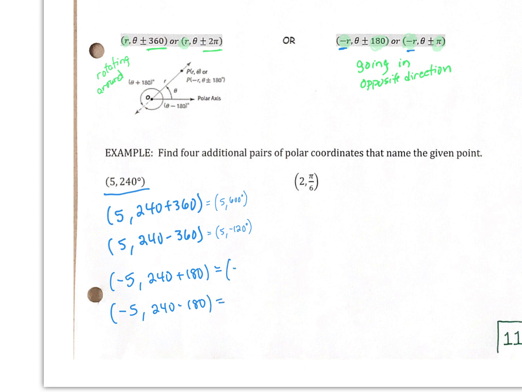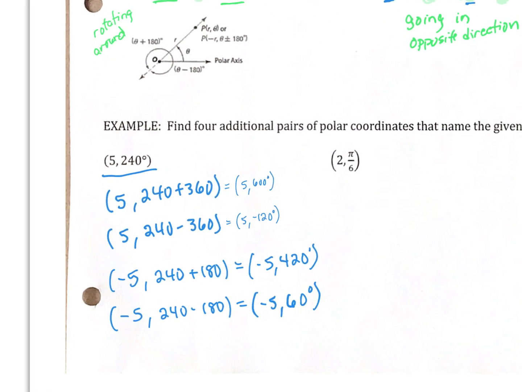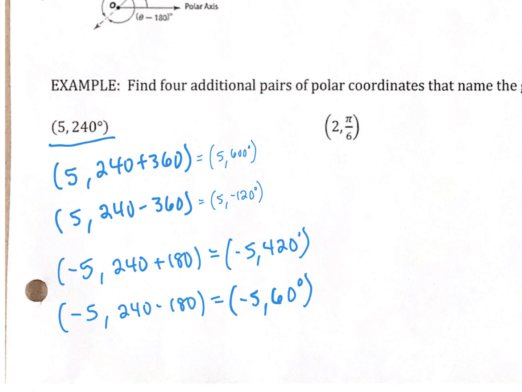So the point negative 5, what does that give us when we had 240 and 180? 420 degrees, and then negative 5, what is that, 60 degrees. So there's 4 other points. They're written as polar points, but they would represent the exact same point as this 5, 240.